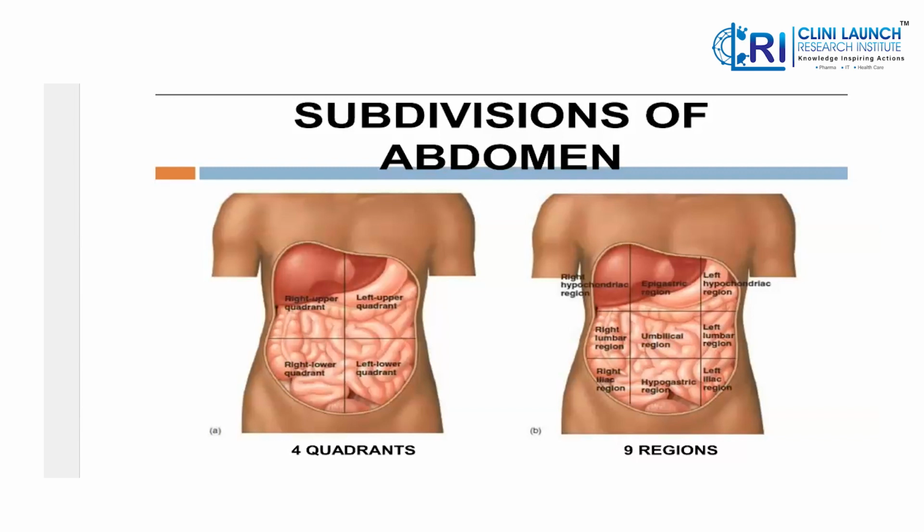Okay, subdivisions of abdomen. It is divided into 4 quadrants: left and right, each further divided into upper and lower. What are the constituents of the right upper quadrant? Right upper quadrant में क्या क्या आपको structures दिख रहे हैं? Liver, correct.